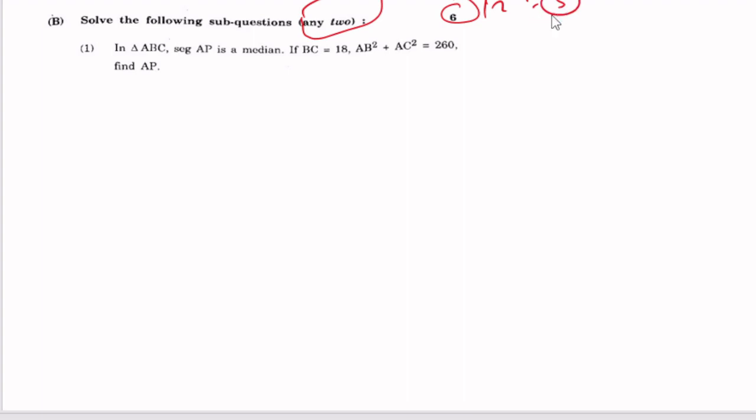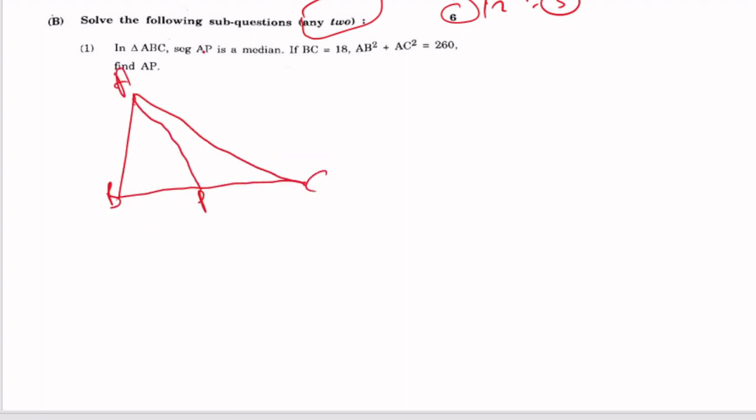Here in this question it says triangle ABC, segment AP is a median. Just remember the instruction given in the beginning: always try to draw a rough diagram. In this rough diagram, ABC is a triangle and AP is a median. When AP is a median, it will always divide the base into two equal halves.